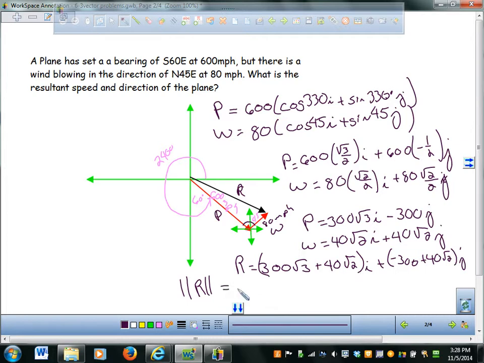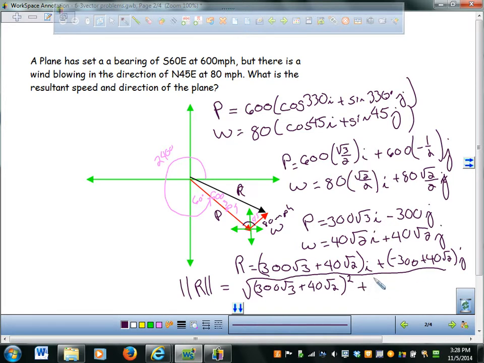So that's going to be the square root, and this is where you got to be a little careful. You're going to do a big square root thingy there. 300 root of 3 plus 40 root of 2 quantity squared. That's the x part, the x components.